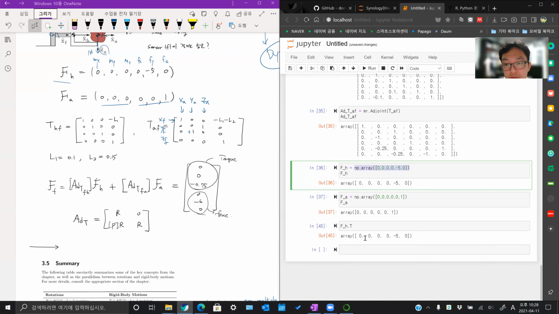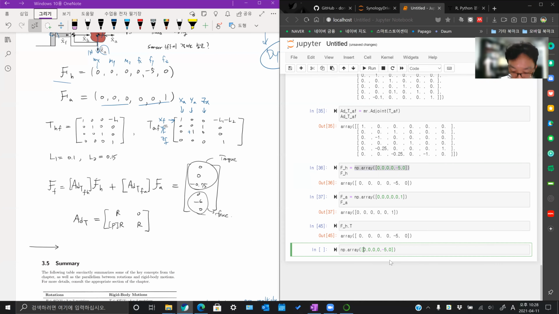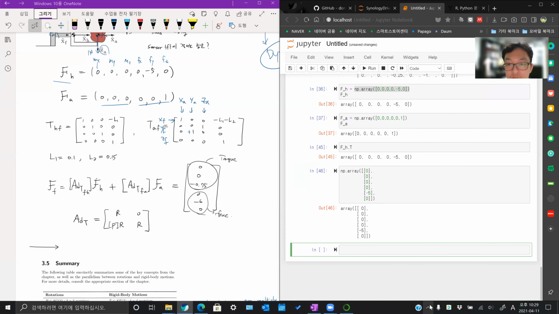So if we make it like this, zero, zero, zero, zero, -5, 0. Yeah, actually this one is a vertical vector, FH.